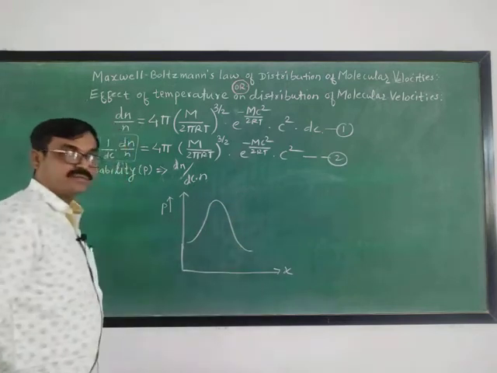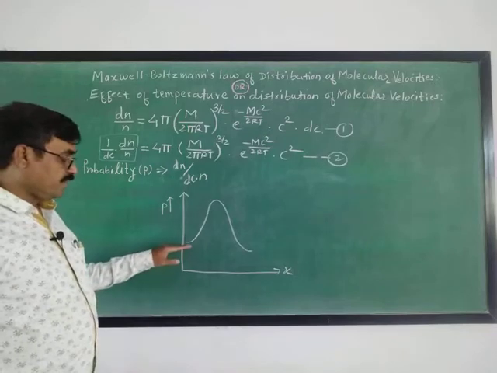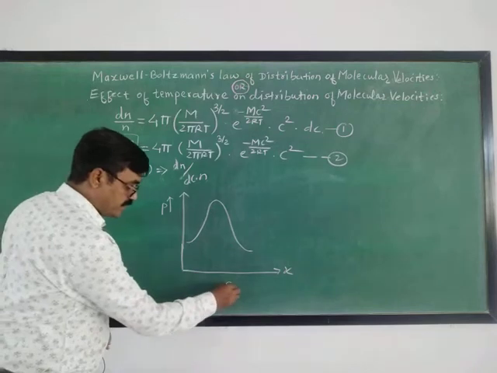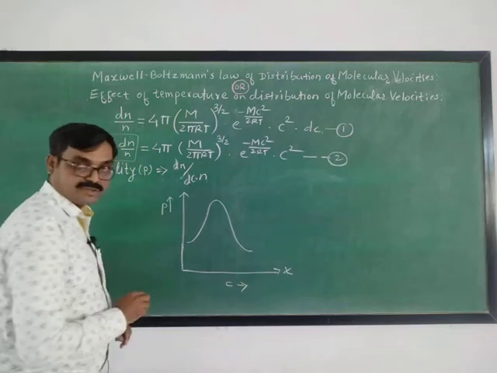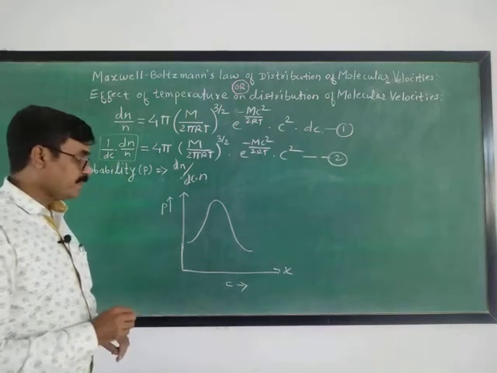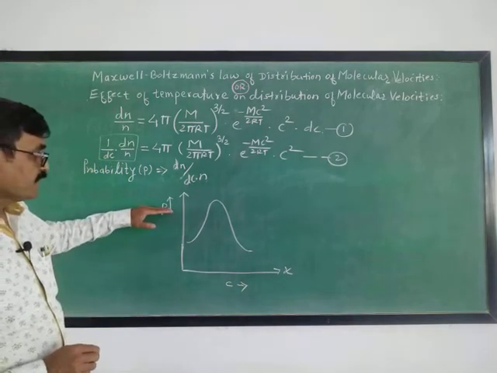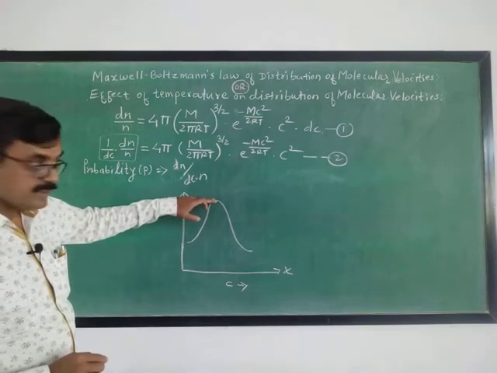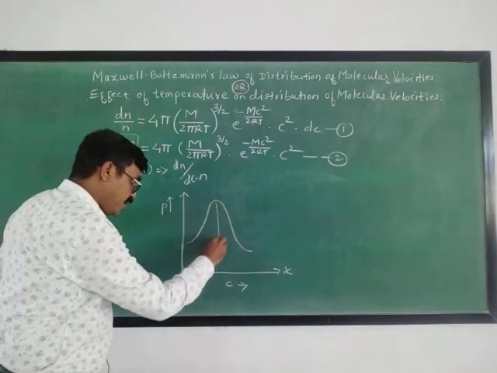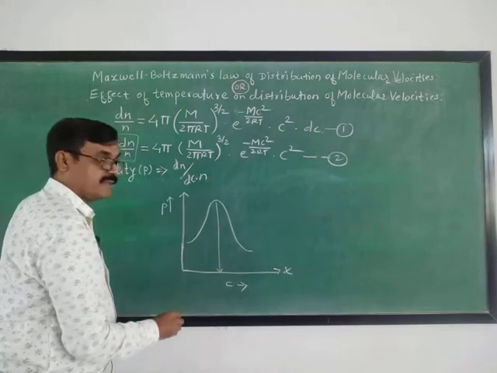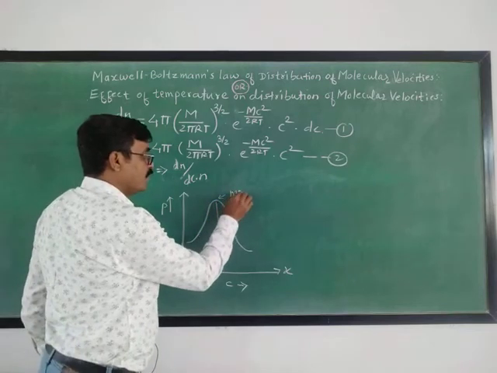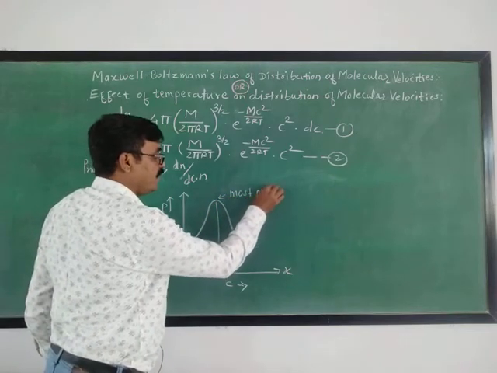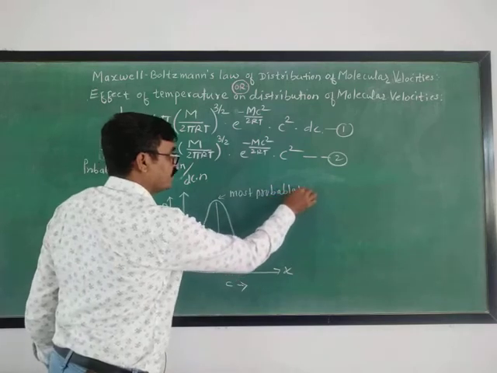From this curve it is clear that very few molecules have very low velocity, because it is the velocity axis, and very few molecules have very high velocity. But where the probability is more, here, the corresponding value of velocity is called the most probable velocity.